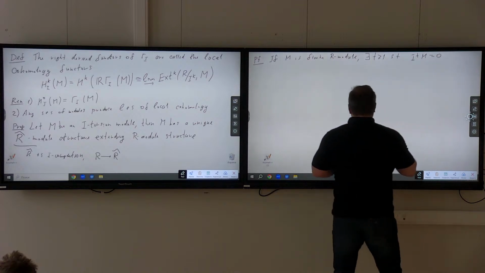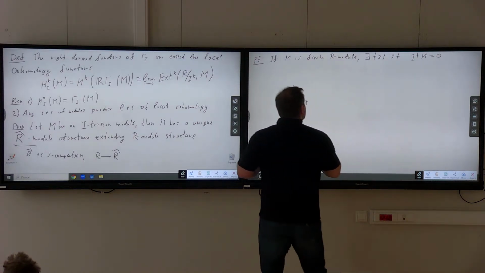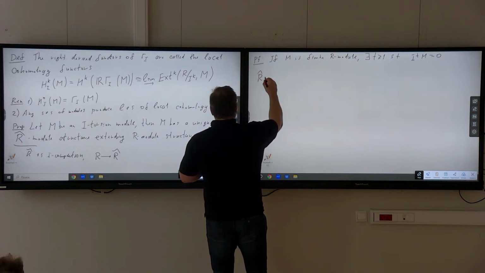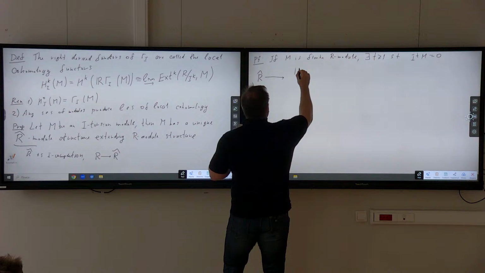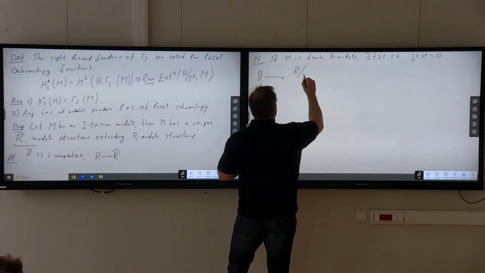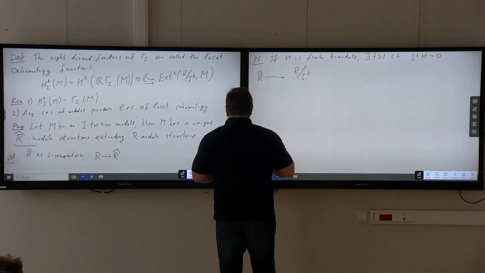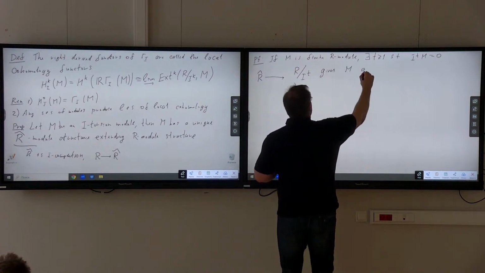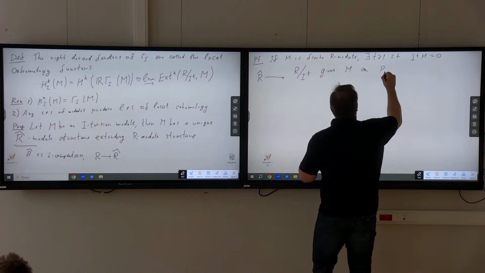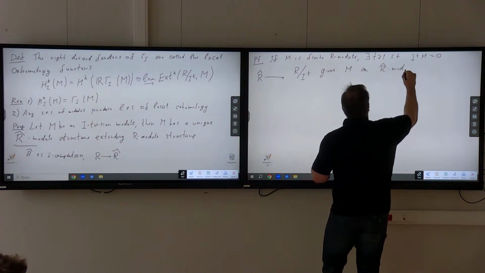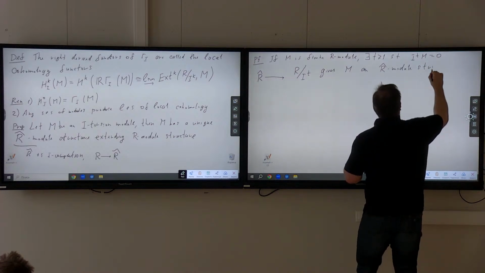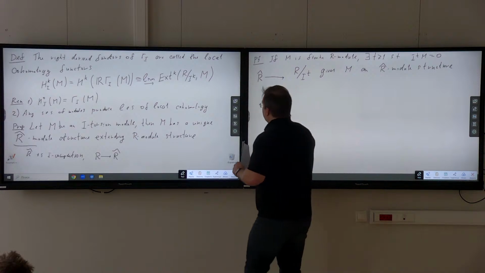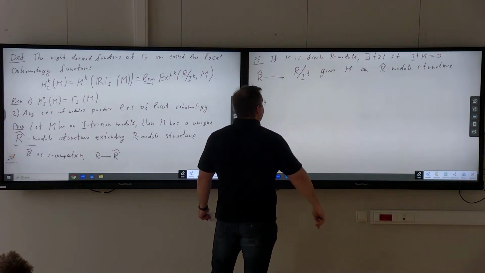So I to the t annihilates the entire M. So the canonical map from the completion to the quotient of R modulo I to the t gives M an R hat module structure.